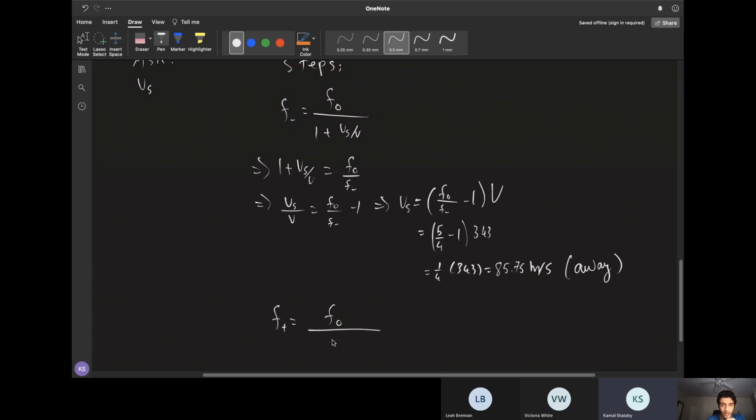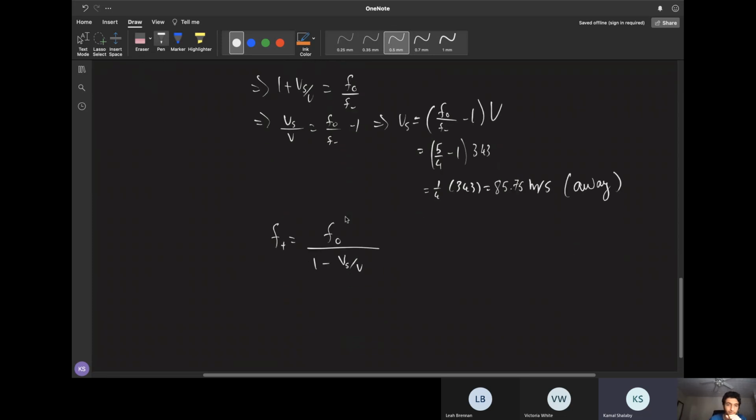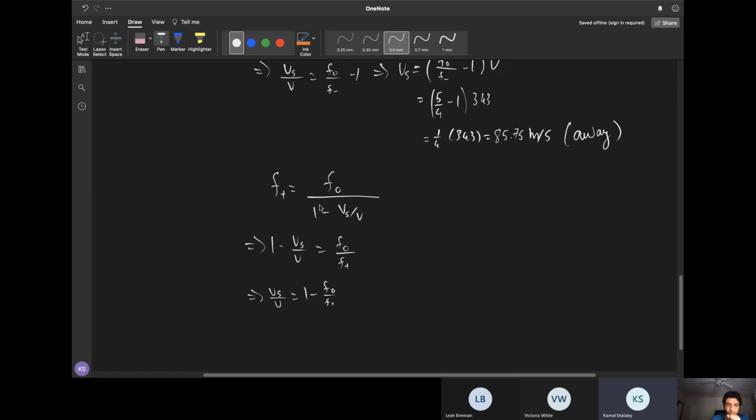So we have the equation f plus equal to f naught over 1 minus Vs over V. That would mean 1 minus Vs over V is equal to f naught over f plus. That means Vs over V is equal to 1 minus f naught over f plus. And finally, Vs is equal to 1 minus f naught over f plus, times V.